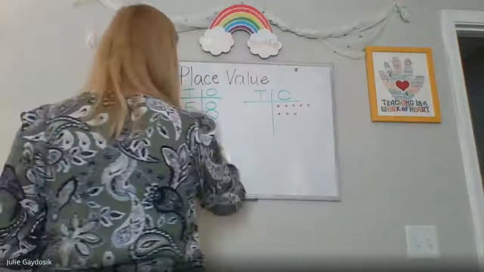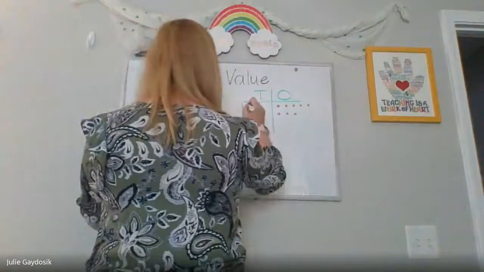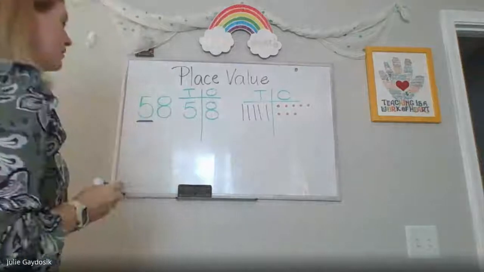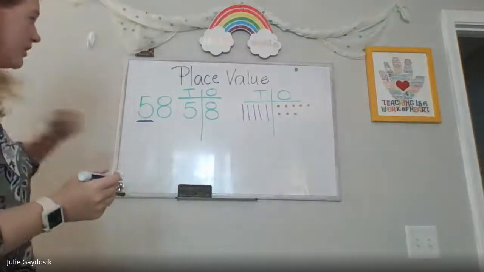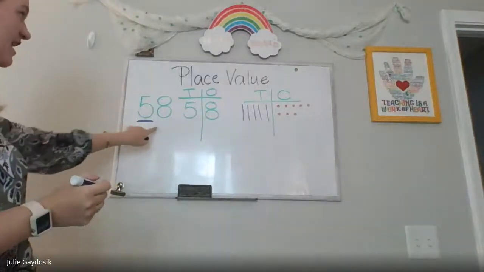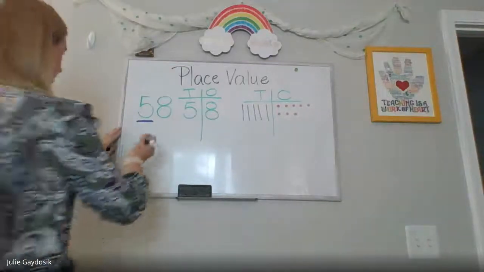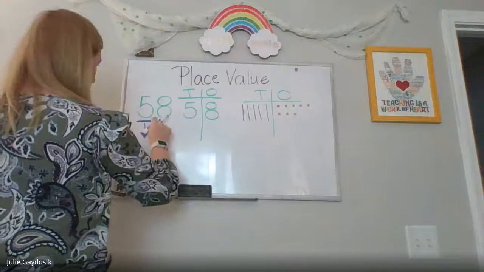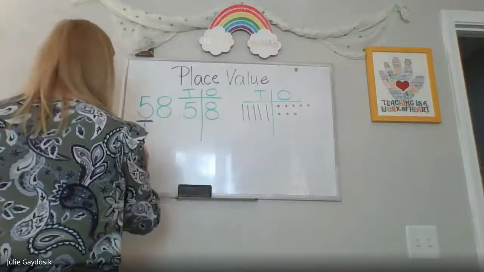Then I'm going to draw my tens: 1, 2, 3, 4, 5. Now, I want to know the value of this 5 in the number 58. If I drag down this number, the number 5 is worth 5 tens.